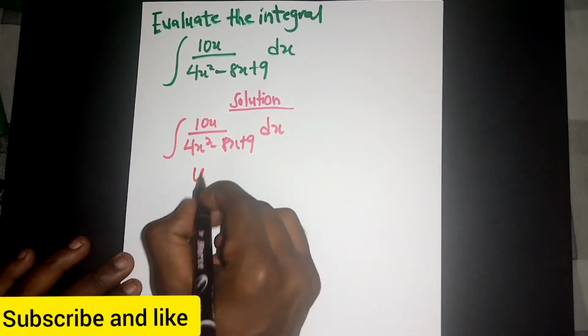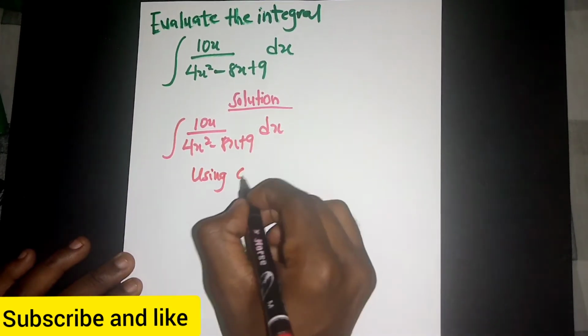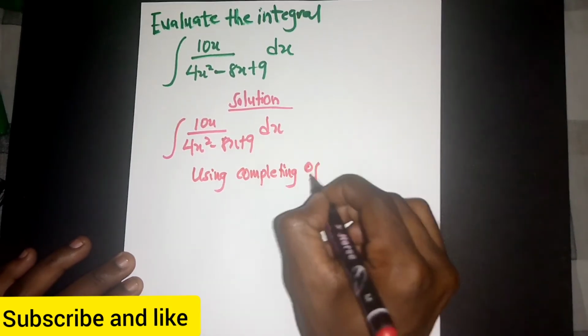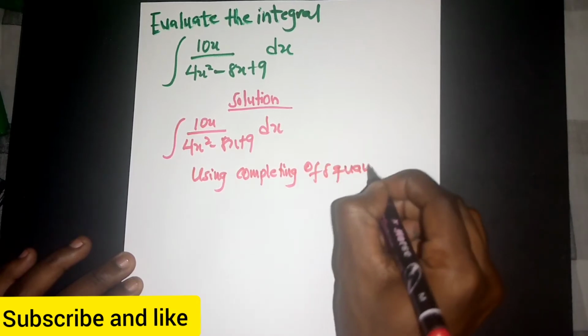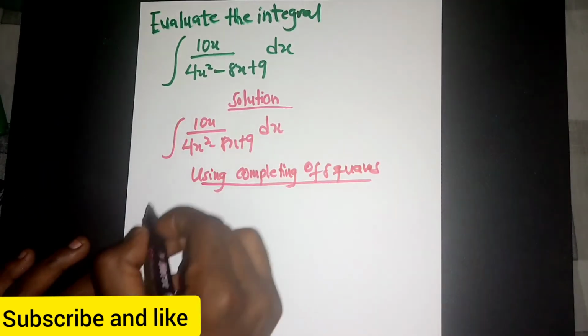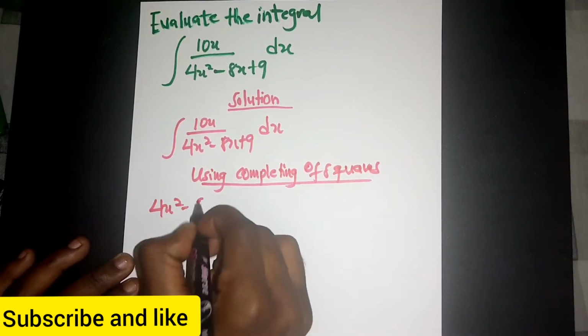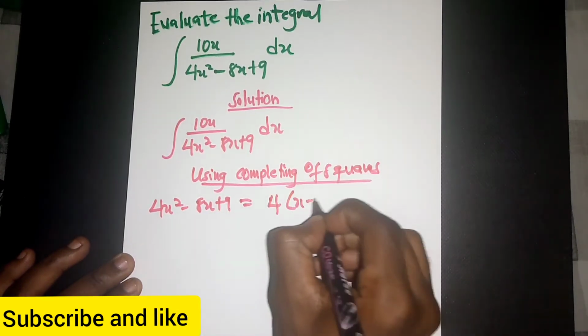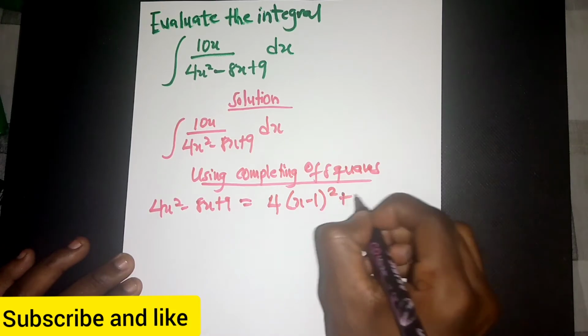Using completing the square, the denominator will just be that square, then plus 5.